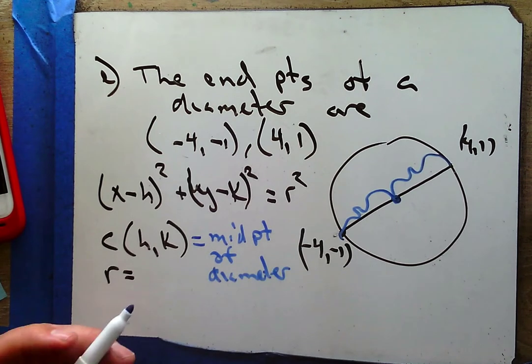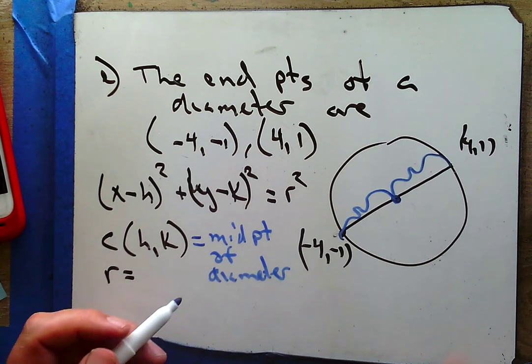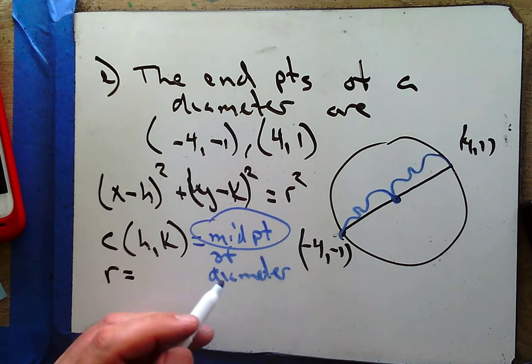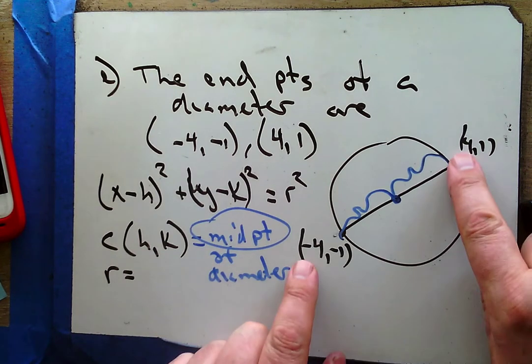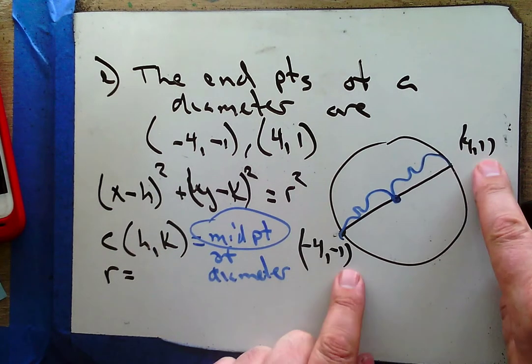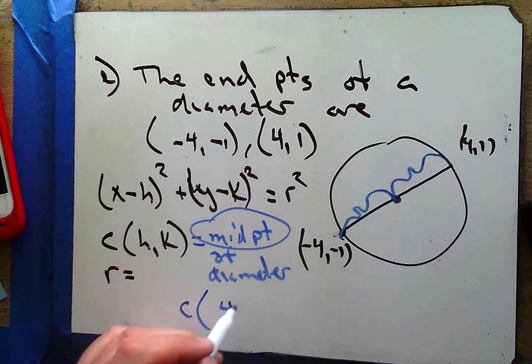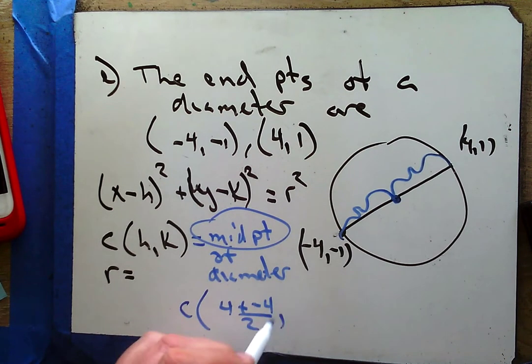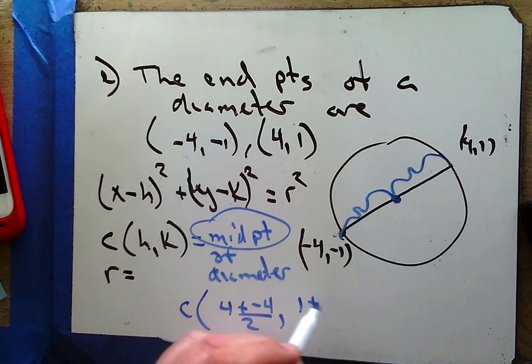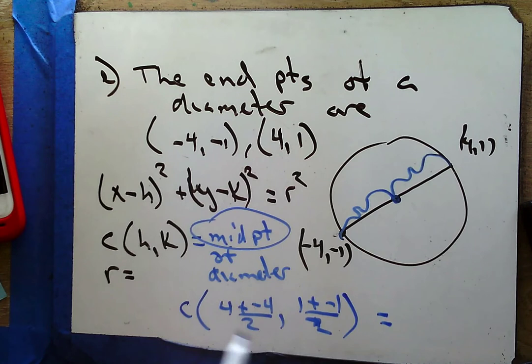And because of that, I can use my midpoint formula. Remember what that was? We're going to average the x's and average the y's. So our center is going to be at (4 + (-4))/2, and (1 + (-1))/2. And that turns out to be (0, 0).